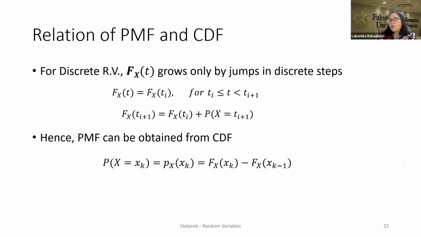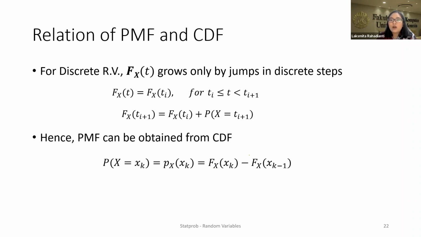So you may have noticed that there is a certain relation between PMF and CDF, because just now when we did our example and took attendance, we already realized that you can compute the CDF from the PMF. So in the case of computing CDF from PMF, you sum up all the PMFs of the values less than or equal to that x.